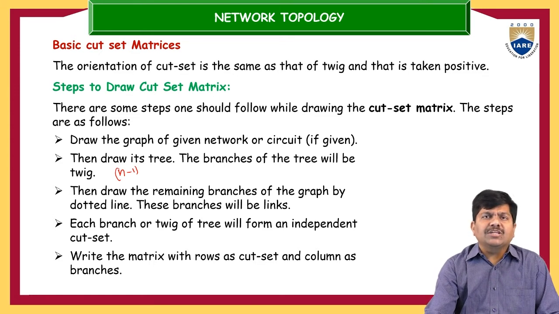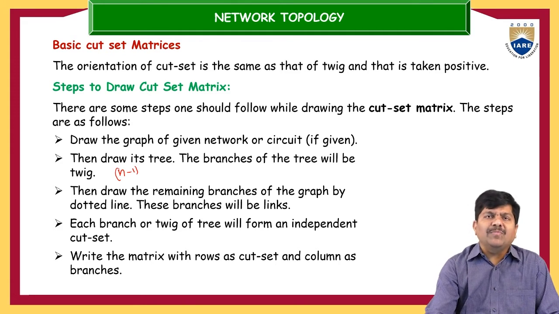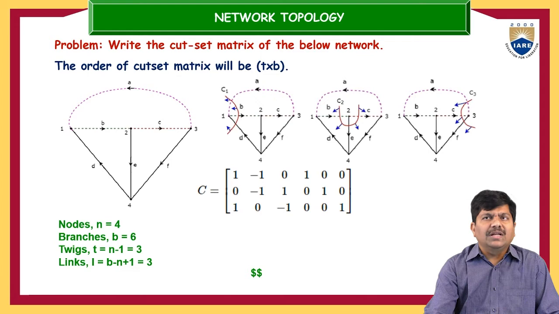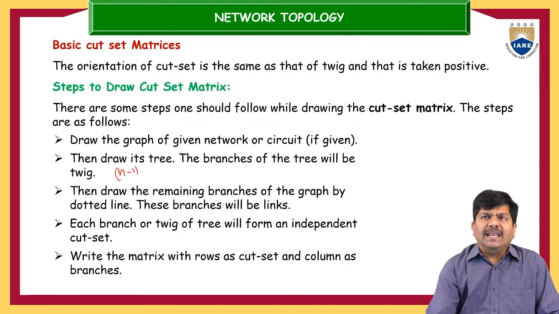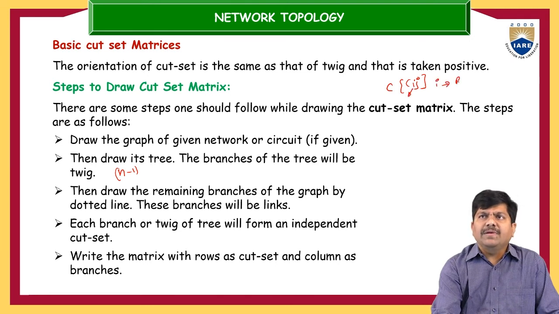Whatever the direction of the elements, when it will be +1, when it will be -1, when it will be 0, that is also very, very important. So if you are taking any element, that element is nothing but Cij. The first letter i is the ith basic cut set, and j is the element.